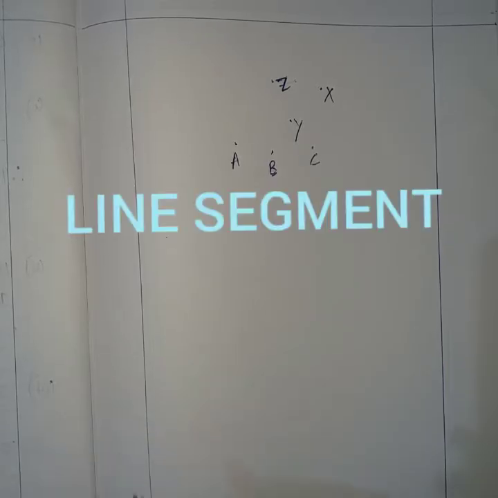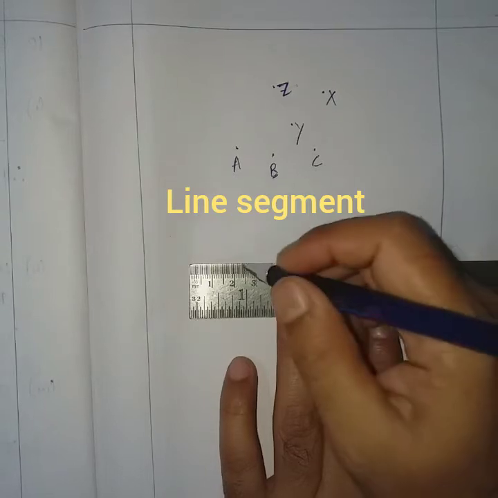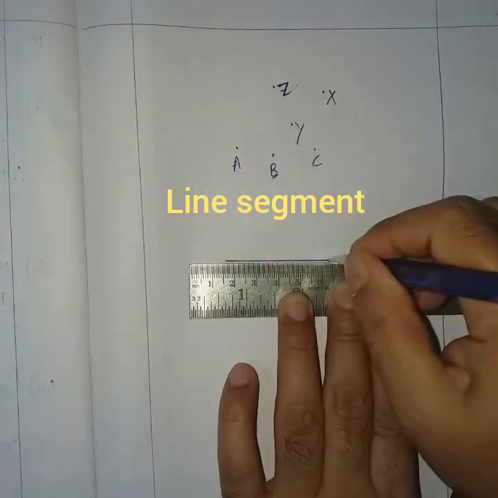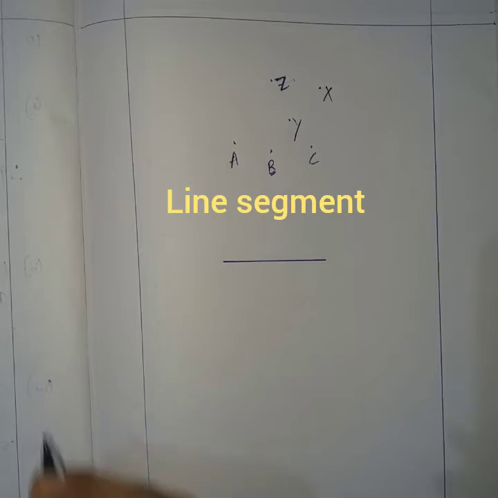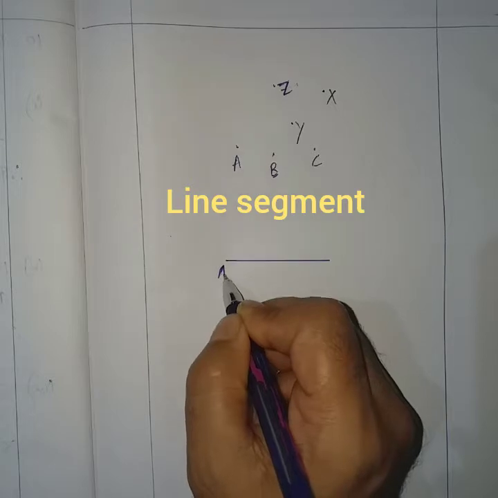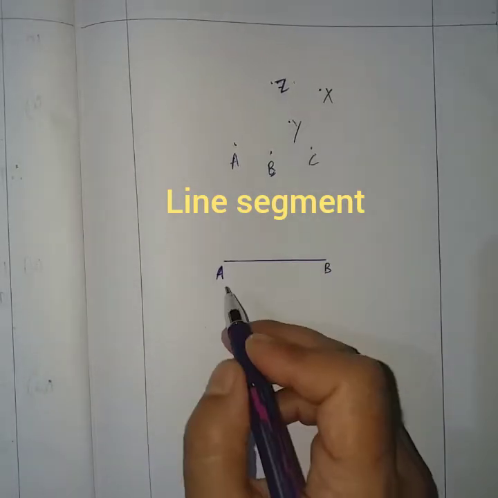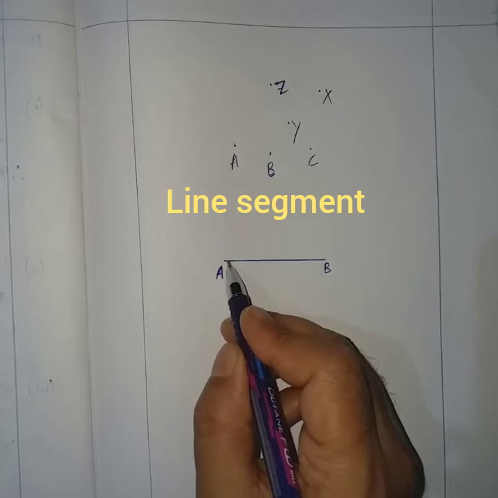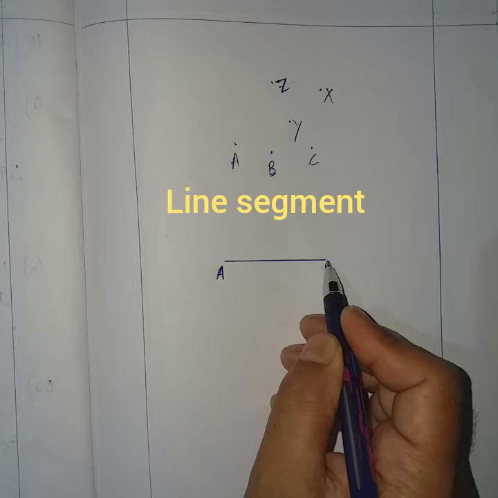Next is a line segment. Let me draw a line at first here using this ruler. So this is a line here. Let us represent the endpoints by letters A and B. This line is made up of several points moving in one direction.